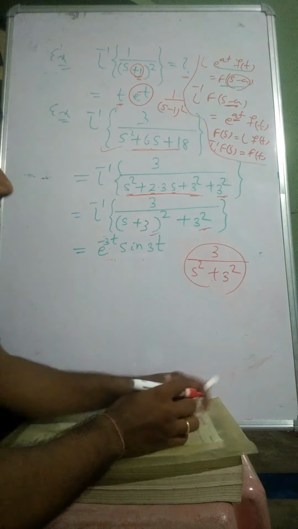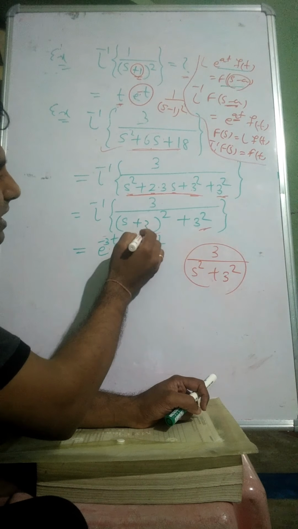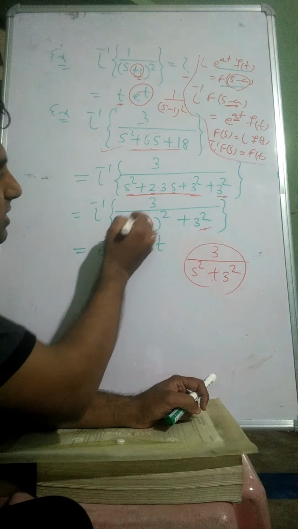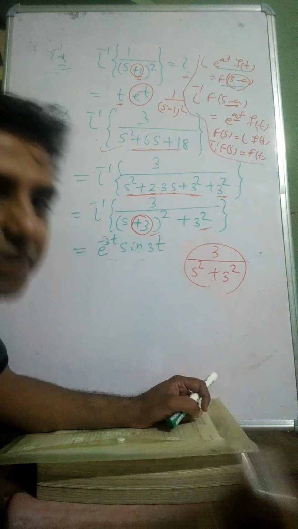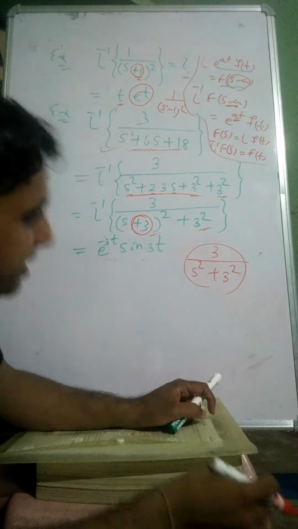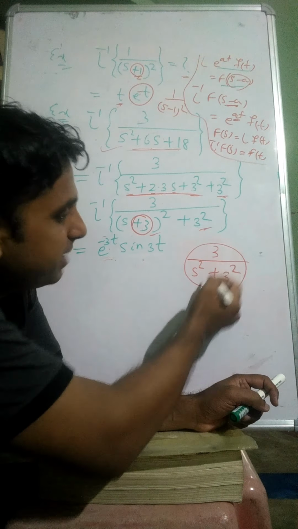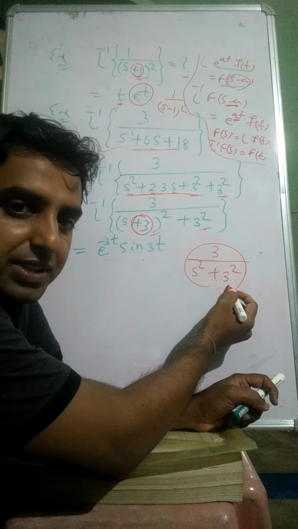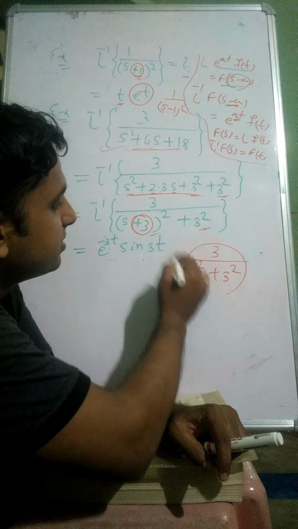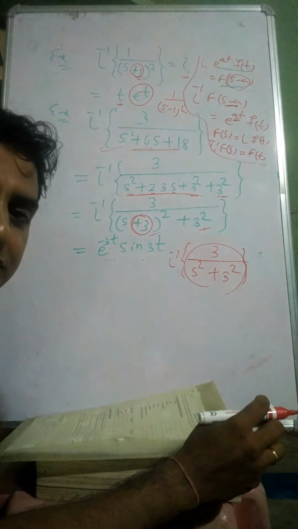So just see, same process. Suppose this is not s plus 3, it is only s. So this will be 3 by s square plus 3 square. So this is Laplace inverse of 3 by s square plus 3 square.